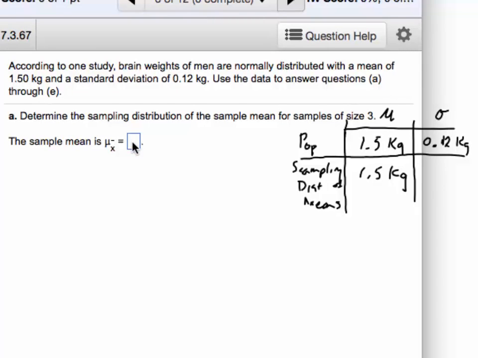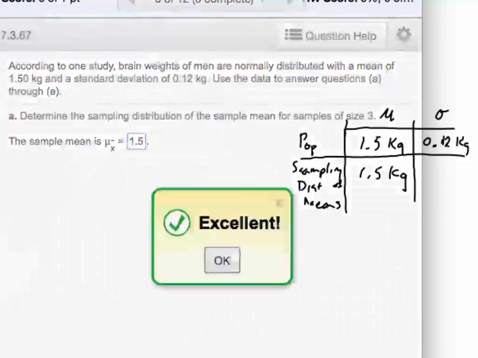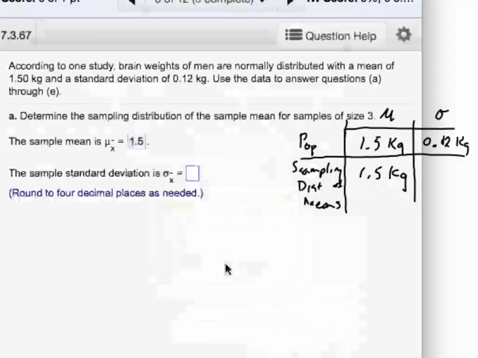So here in part A, they're asking now about the sampling distribution, right? Okay, sample standard deviation. So now they're asking about for the distribution of means, what's the standard deviation for the distribution of means? And there we have a formula for that, right?